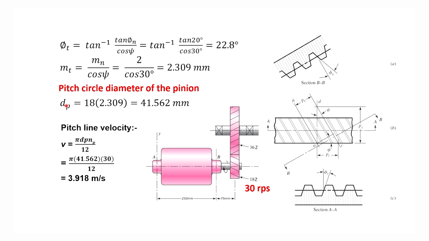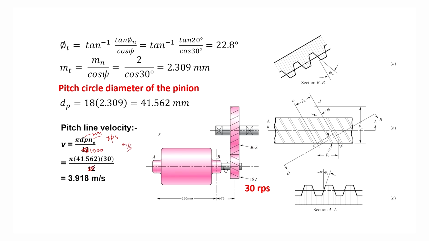Now, knowing the pitch circle diameter and the revolution of the pinion shaft, which is 30 revolutions per second, we can find the pitch line velocity at the pitch point of the pinion, and that will be pi dp np, and when np is in rps, revolution per second, and dp is in mm, then it will be divided by 1000 to make it in meter per second.